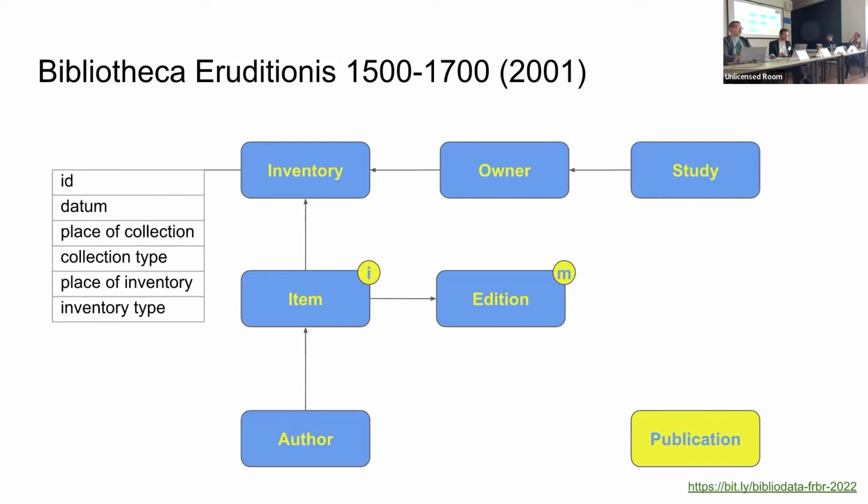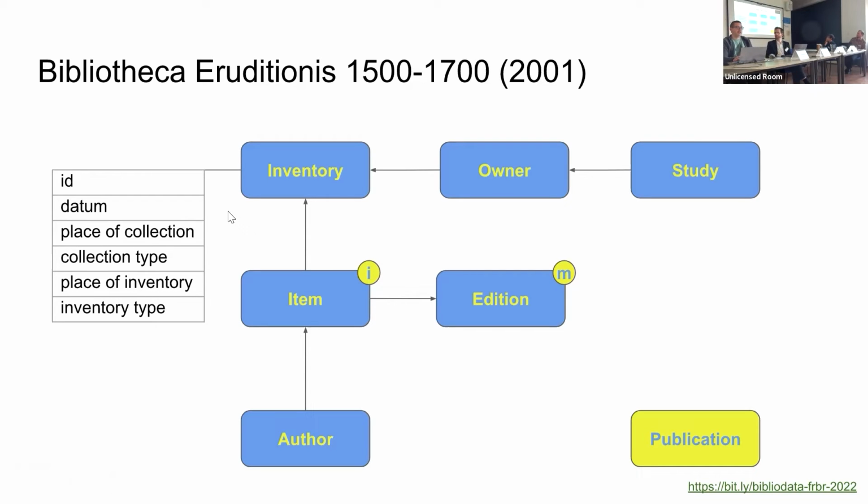I would like to show you 3 examples of different book history projects. We set up a database, and none of these reflect directly the FRBR model, but inherently they have something. This one is Bibliotheca Eruditionis.